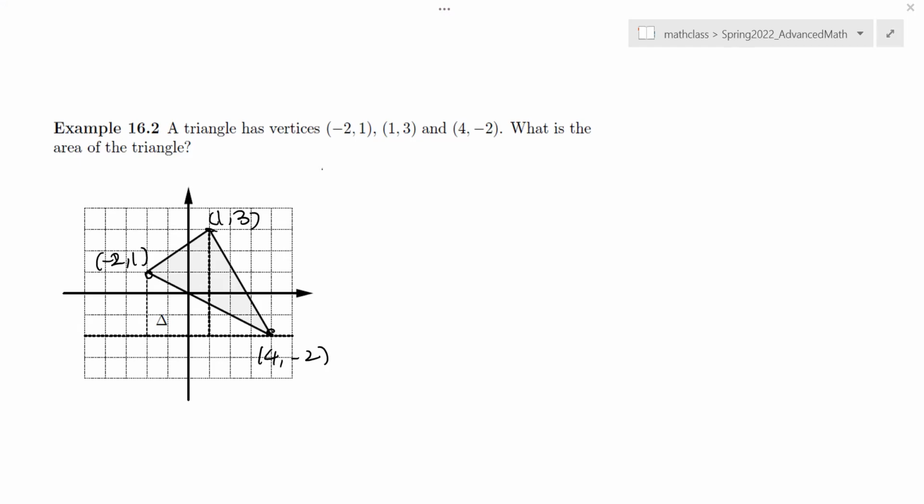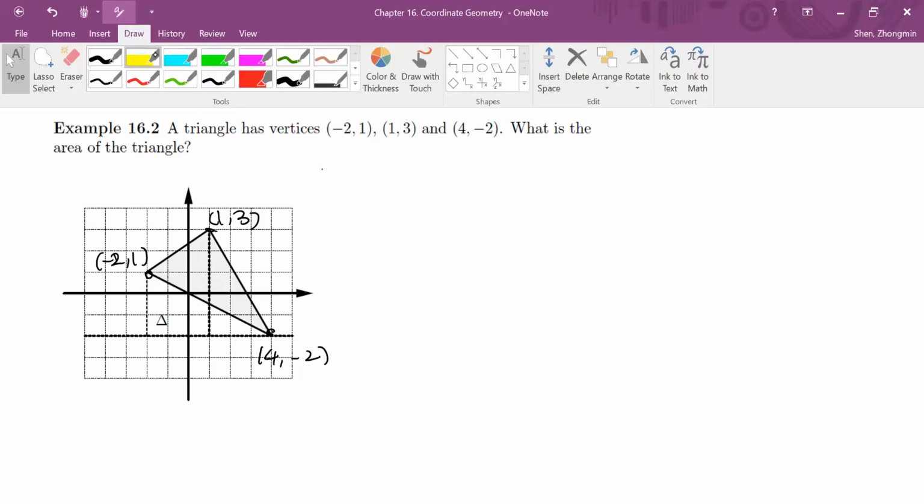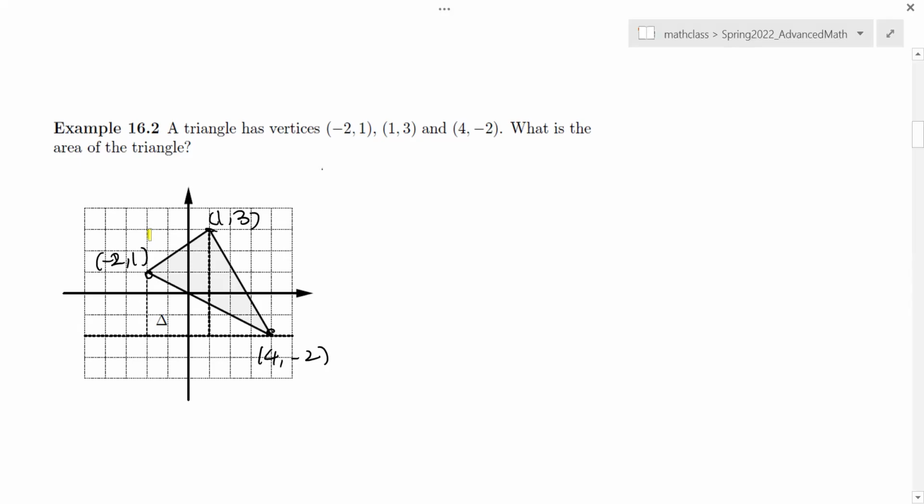The idea is similar. What are you going to do? I'm going to use the following method. Instead of using a trapezoid, I use a rectangle. That's my hint. This rectangle covers the whole triangle.